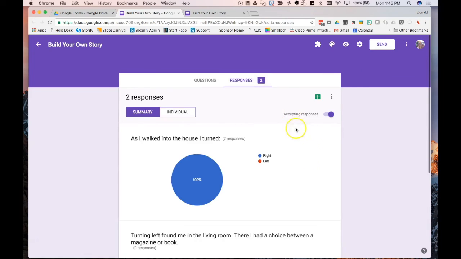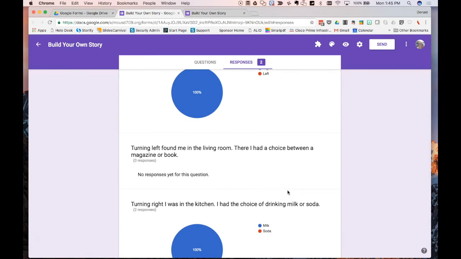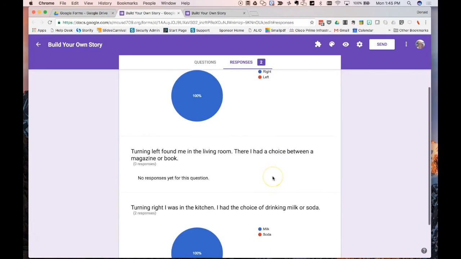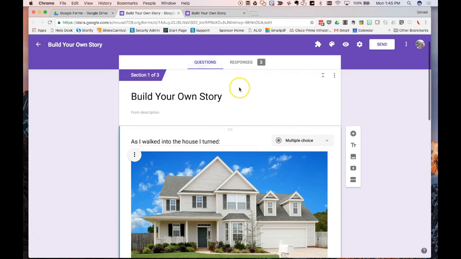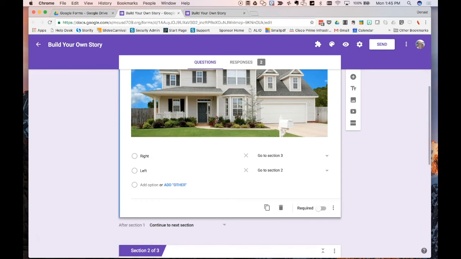If you look at the responses here, you might see, if you're just doing this for pure fun, okay, we see that 100% of the people turned right. There might be a way, or not might, there is a way where you could build this based upon the content, so that if you chose an answer, that's showing that there's a level of understanding.